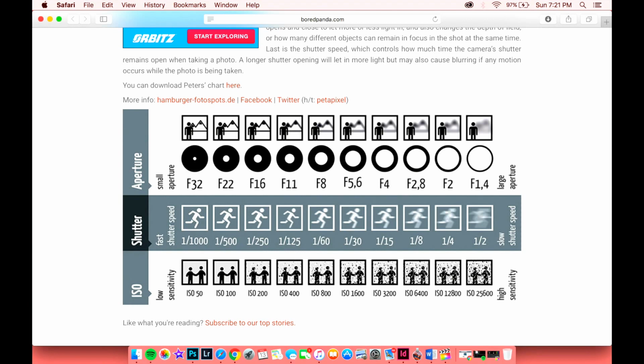Like for example, if we were to take a picture of a bird, her wings and everything are just going to be sharp. And versus when we go down, I forgot to mention this, but when the denominator is bigger, that means the shutter speed is faster. So the bigger the denominator, the faster the speed, and the smaller the denominator, the slower the speed.